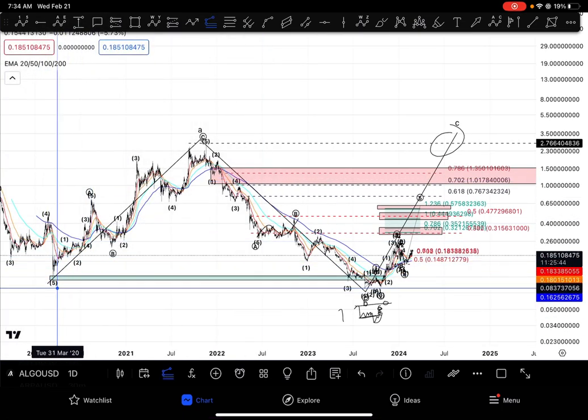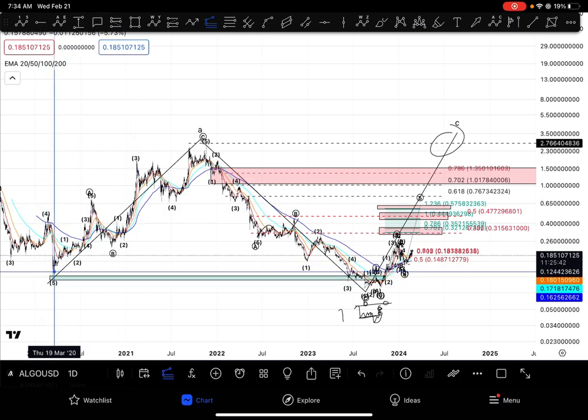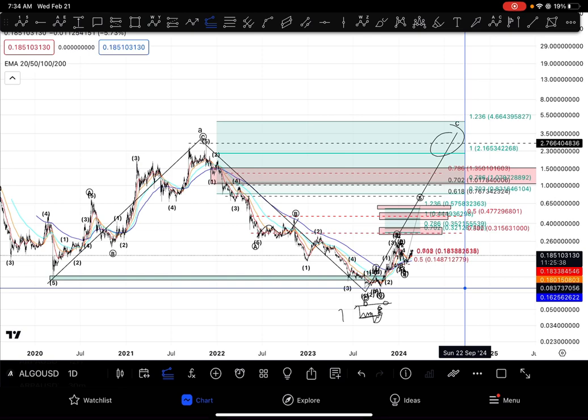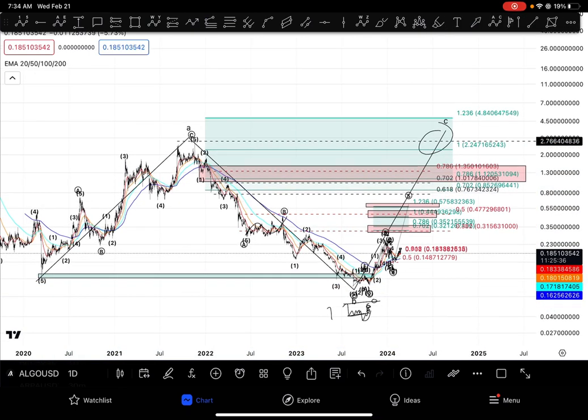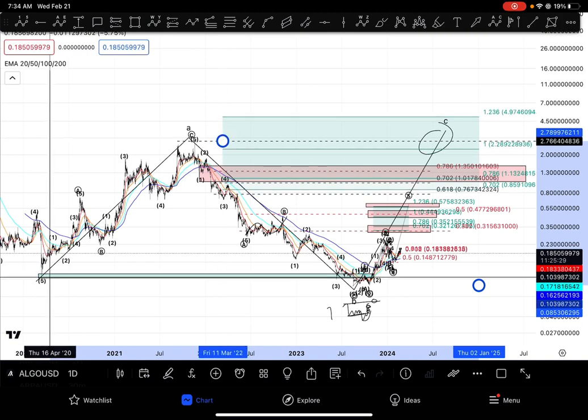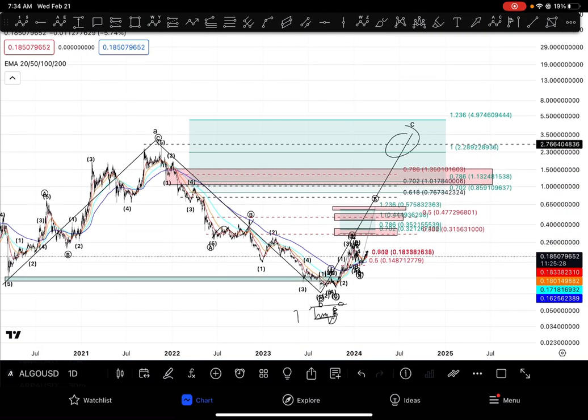Because with an ABC correction, we're gonna analyze it from the bottom of the trend to the top of the trend and down to the counter trend. Okay, so we see 486. Yeah, 497 region.